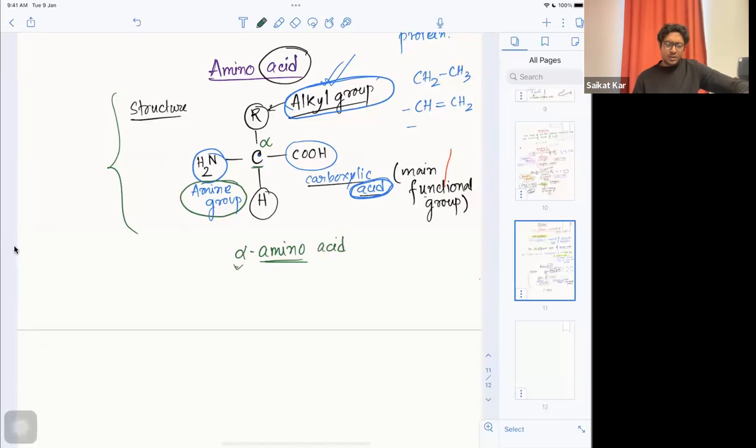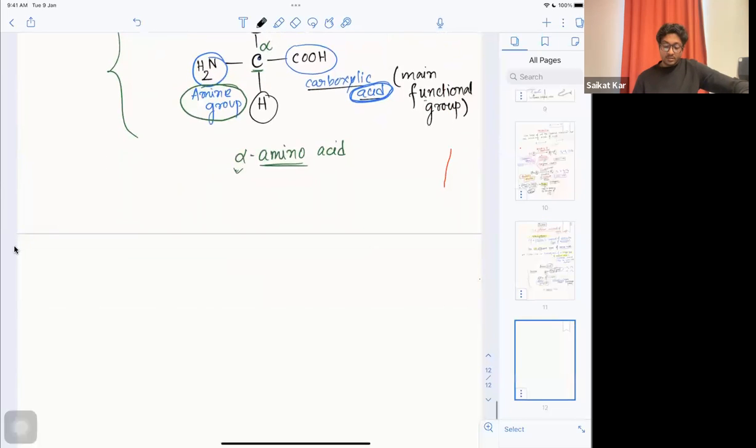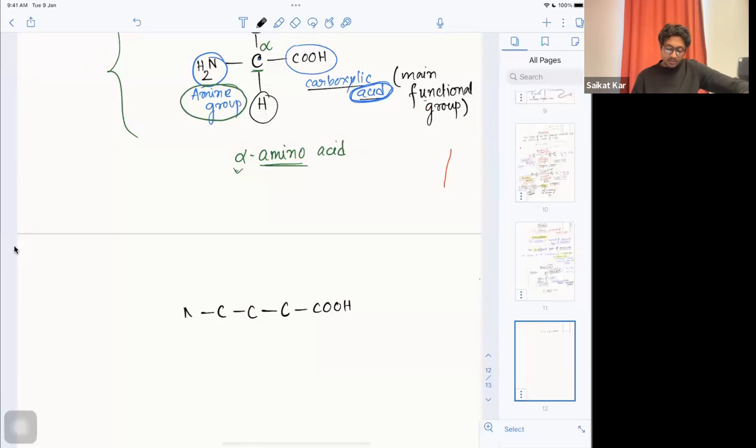So you can ask then what different kind of amino acid can be there. If I draw an amino acid like this, suppose C, C, C, and now here there is NH2, and suppose there is a long R group, there is H group.